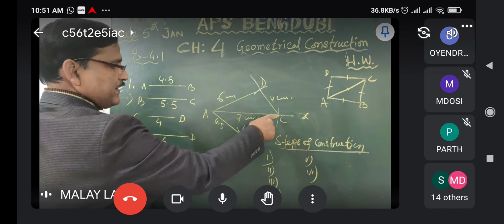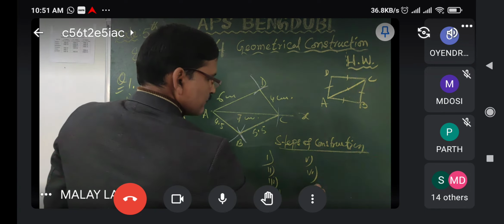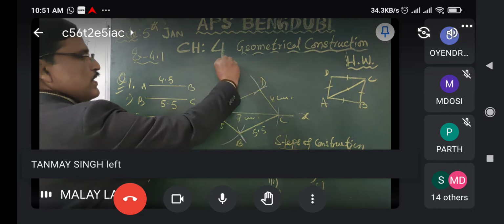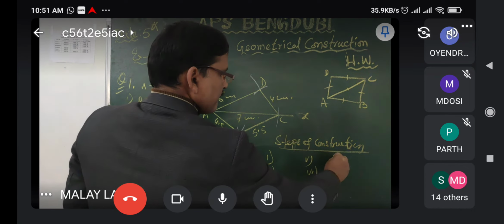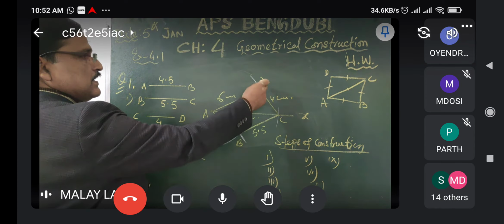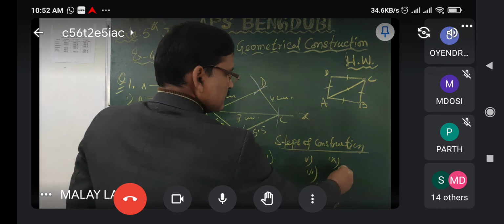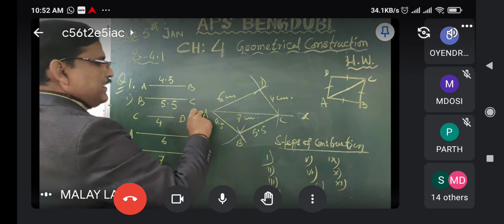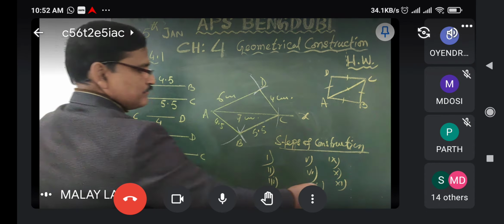Join AB and CB. Then take the measure of AD, draw an arc. Take the measure of DC, place at C, cut the arc. Join AD and DC.